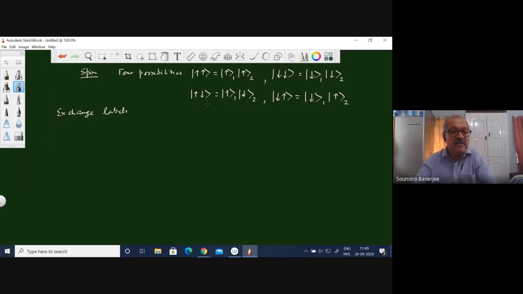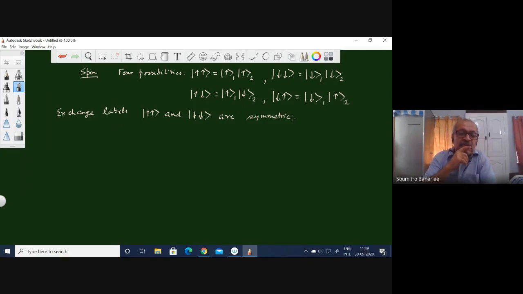So we find that up, up and down, down are symmetric. And therefore these conditions do represent the character of identical particles.